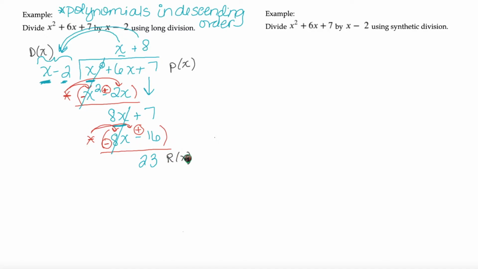So we do have a remainder. Our remainder is +23, so we can rewrite x squared plus 6x plus 7 as being equal to our divisor of x minus 2 times the quotient, so this was our quotient, x plus 8, and adding our remainder.